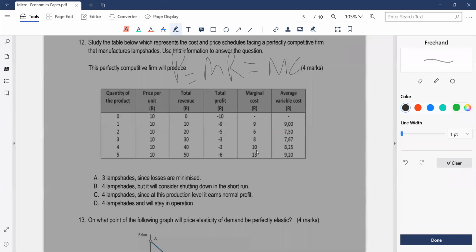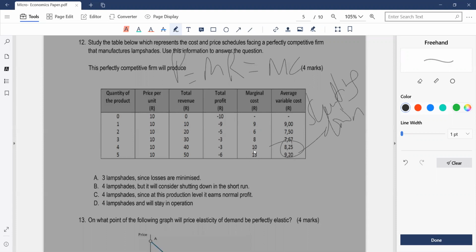Then let's look at this point. Let's look at the value of the average variable cost is 8.25. Remember, why are we looking at 8.25? Because 8.25 tells us about the shutting down position. We only shut down if we can't cover our average variable cost.